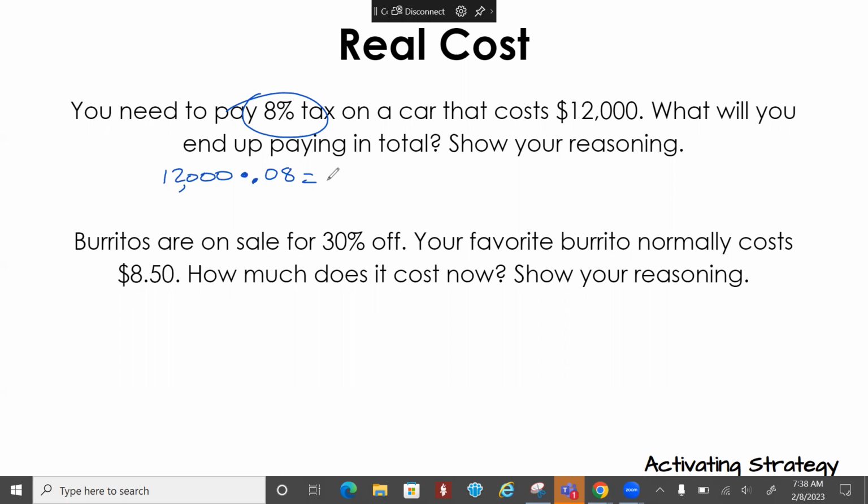So I take 12,000 and I multiply by 0.08, and that's going to be $960. So this is just the tax that you're going to pay on the car. How much am I going to pay in total? Well, I'm going to take the total of the car plus the sales tax or whatever tax it is. And that's going to give me $12,960.